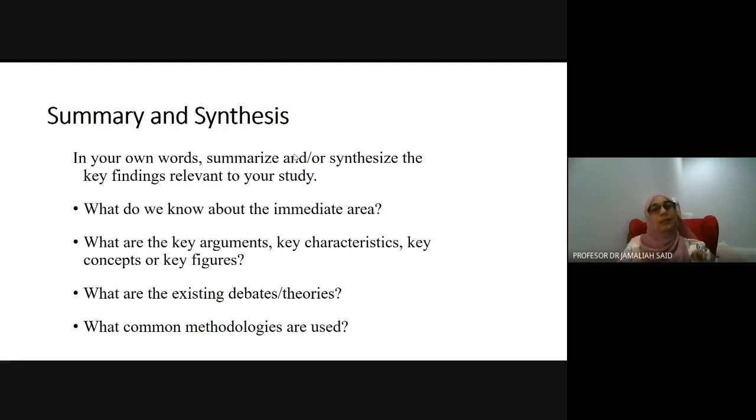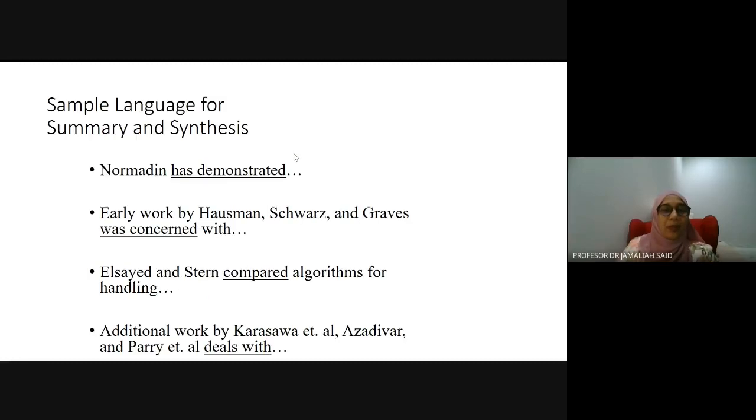That should be your minimum effort in preparing a critical literature review. These are among the common words to describe literature: demonstrated, concern, compared. If you read articles, you can refer to the most commonly used words to prepare a critical literature review.